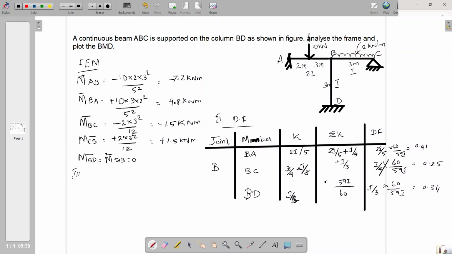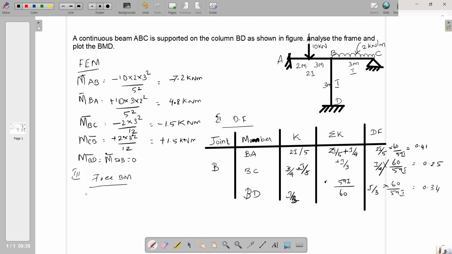And next step, for our convenience, we can calculate the free bending moment values. While plotting the bending moment diagram, it is necessary to superimpose the free bending moment diagram.